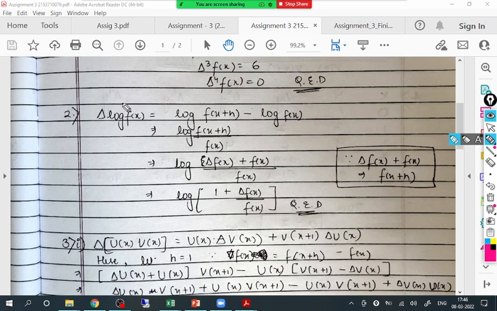You started with delta log f(x), which is log of f(x plus h) minus log of f(x). That is correct. By the property of logarithm, this is log of f(x plus h) upon f(x).